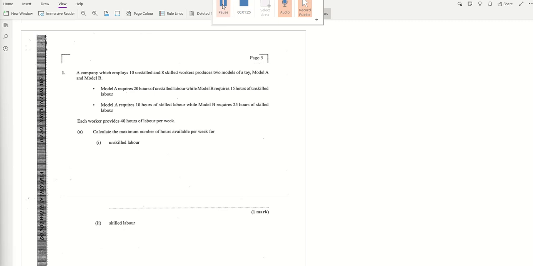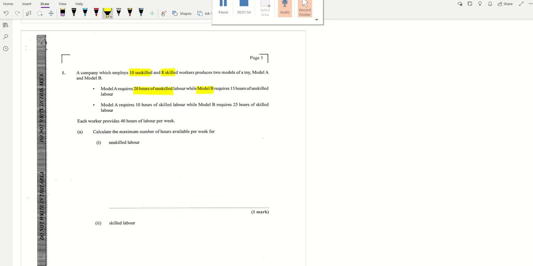So the most important part in this question so far is that we have 10 unskilled and 8 skilled workers, right? Well, for part A I should say.